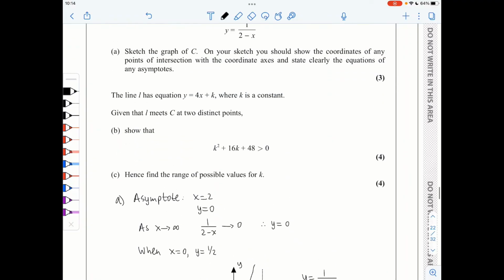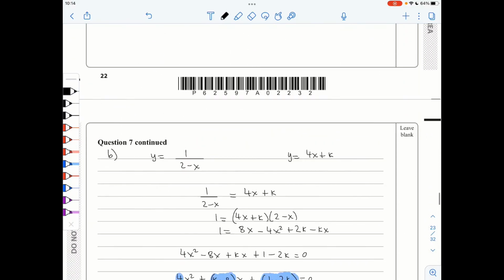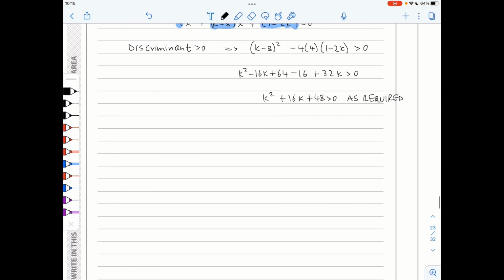And then in part C, hence find the range of possible values for k. We're obviously looking at a quadratic inequality. I will start by factorizing into (k plus 4)(k plus 12). We see that the critical values are negative 4 and negative 12. So if I was to sketch this, it's a smiley parabola. And we've got the cuts at negative 12 and negative 4.